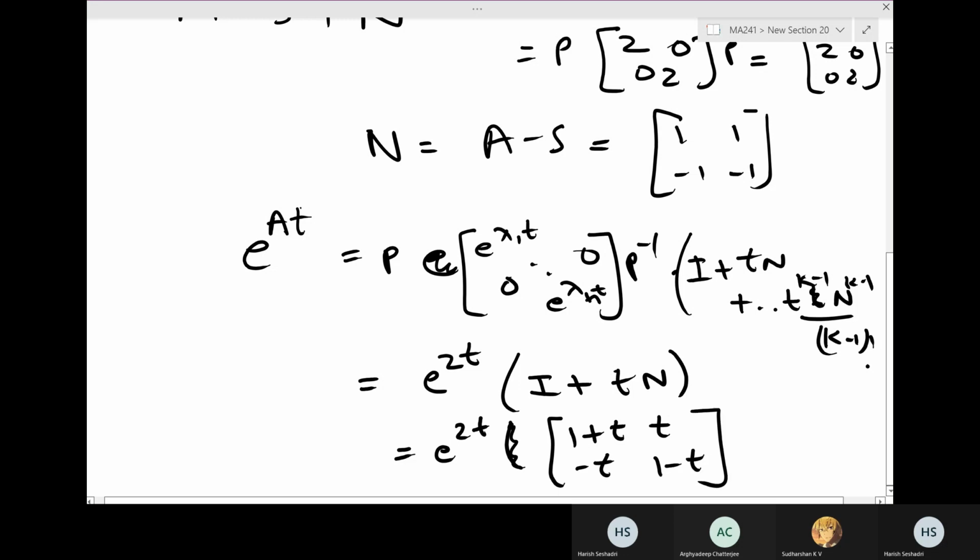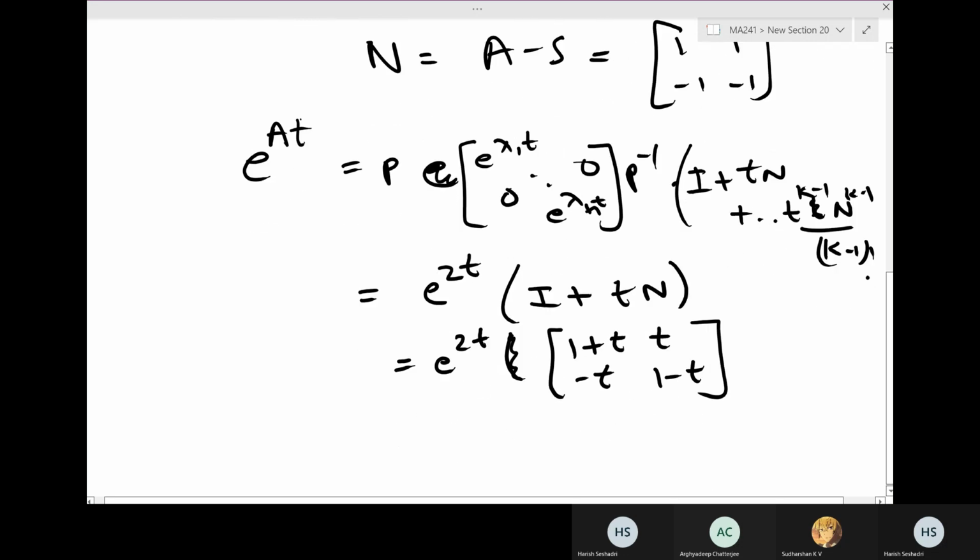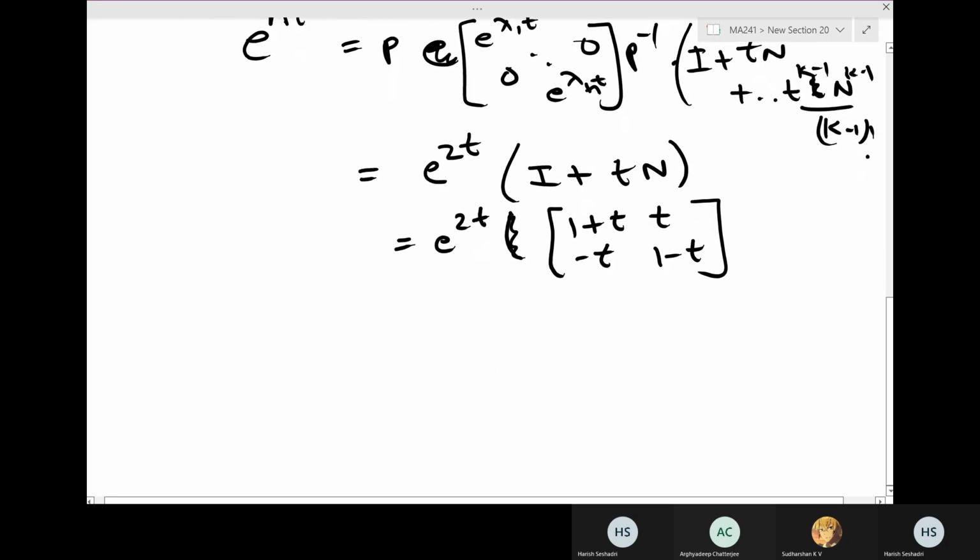Now, this should not come as a surprise to you. If you have dealt with solving second order linear differential equations with constant coefficients, y double prime plus some constant times y prime plus another constant times y equal to c, in say physics, like solving for Hooke's law and so on, you encounter second order equations.